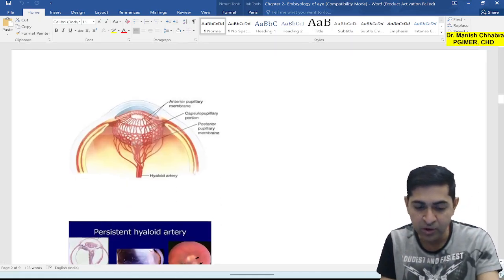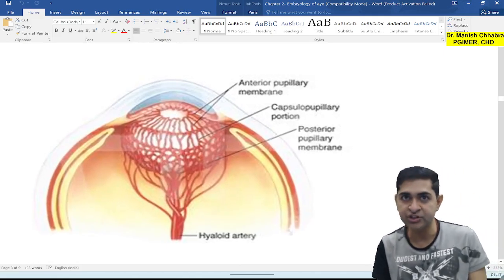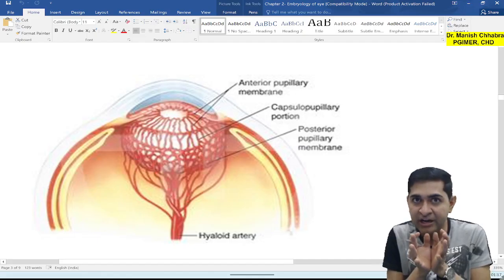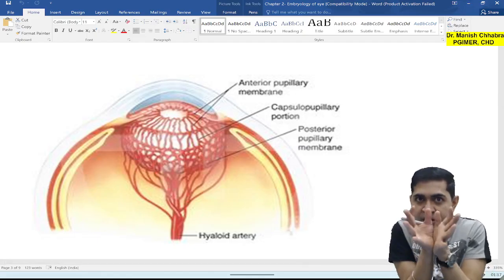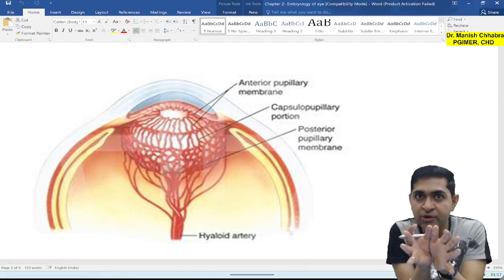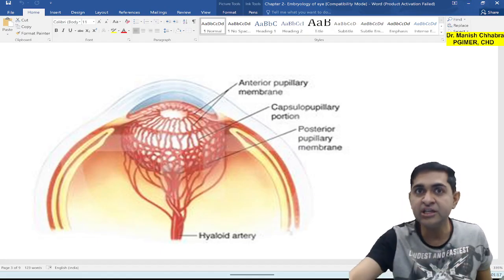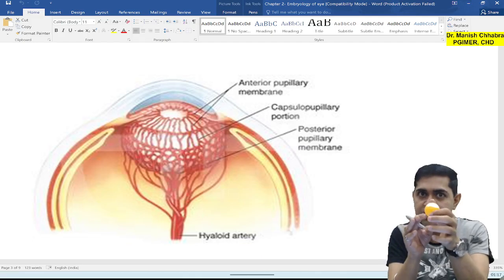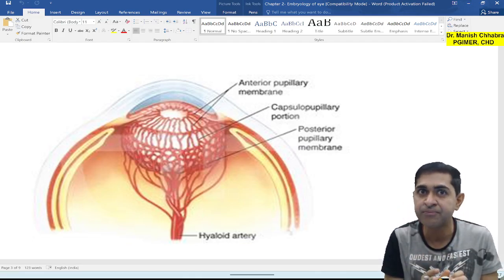Now coming over to hyaloid artery. You just need to listen, then we'll later write. There is hyaloid artery which is arising from the optic cup. So it is surrounding the developing lens. Initially the lens is sphere in shape and later it turns from sphere to biconvex.